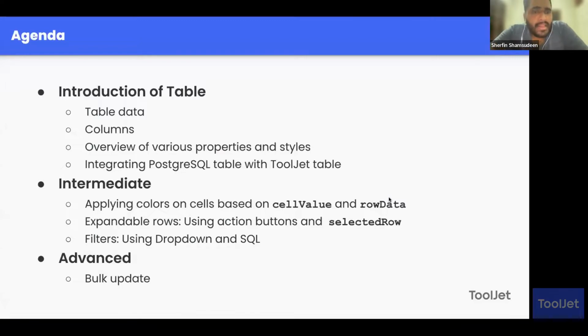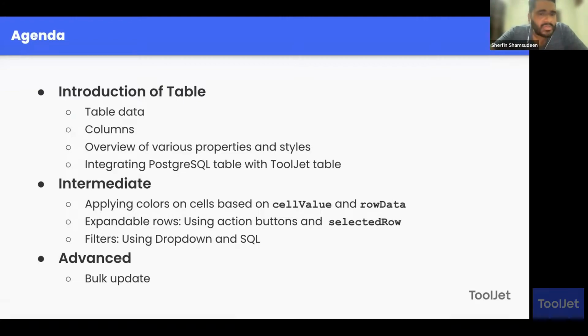So my plan today is to give a basic introduction of the table. I'll go through the various properties and styles of the table widget. Then I could also try to show how to integrate the table with a PostgreSQL database, which is also considered a basic feature of the table.